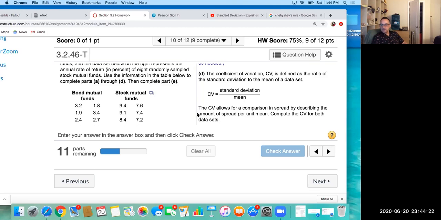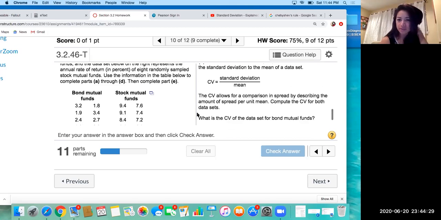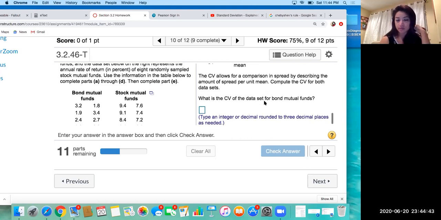The coefficient of variation. So just the standard deviation divided by the mean. Okay, the CV allows for a comparison and describing the amount of spread. What is the CV of the data set for bond mutual funds? What did it say was my mean?